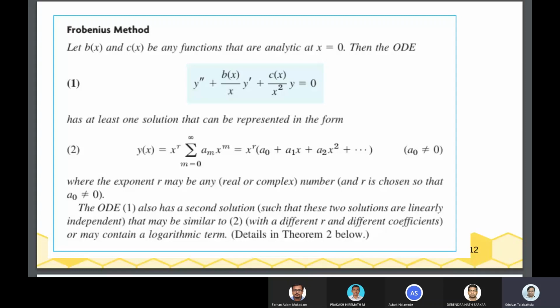As there are more and more terms in the series, you have to do more and more computation. So people truncate at whatever degree of accuracy they are satisfied with. Of course, you may lose something sometimes. Some interesting part may be there after x power k or something. Okay. Right. Thank you.